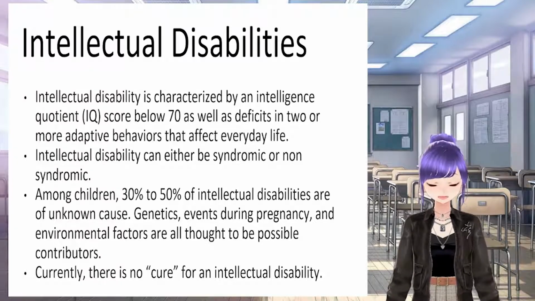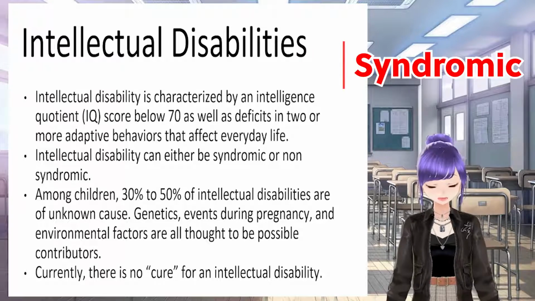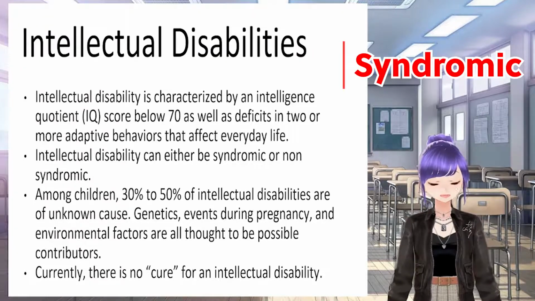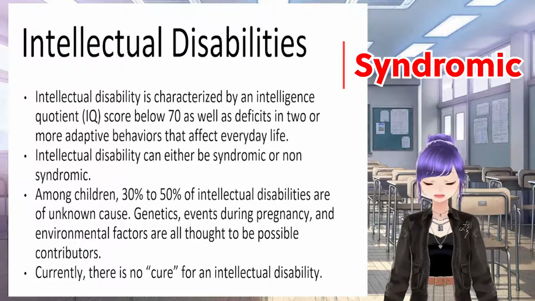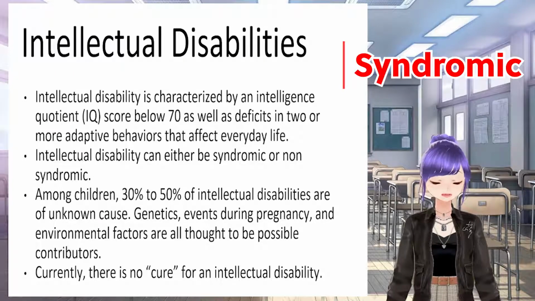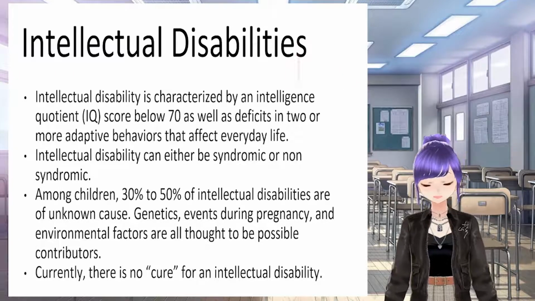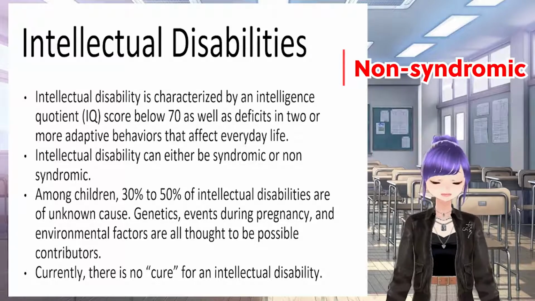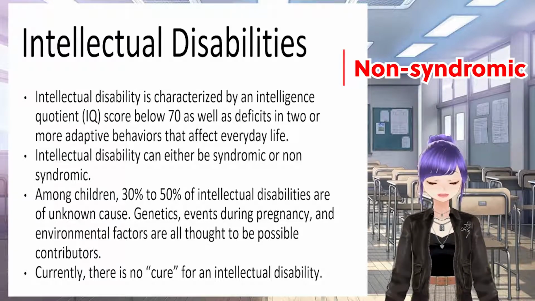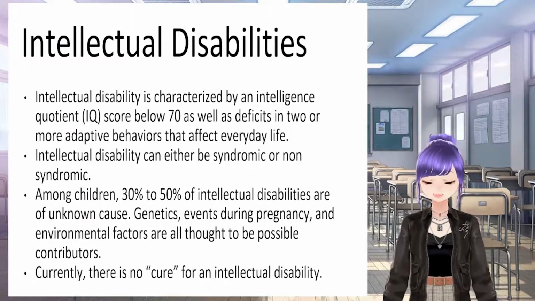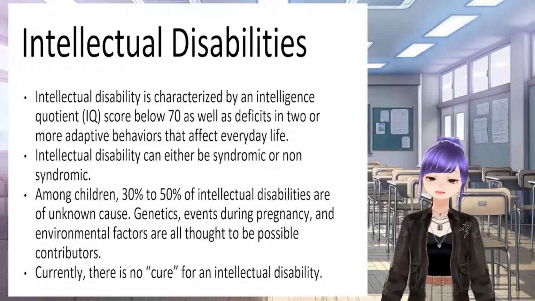Intellectual disability can either be syndromic, meaning the intellectual deficits are associated with other medical and behavioral signs and symptoms, or non-syndromic, where the intellectual deficits appear without any other abnormalities. Among children, 30 to 50% of intellectual disabilities are of unknown cause.